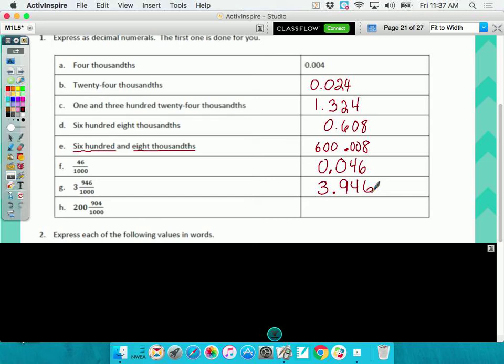So I'm going to pull a stick, and that is Amy. Amy, how do I write this number? 200 and 904. And what place value is the 4 in? Thousandths. Okay, now, raise your hand if you're done writing word form for those next 3.